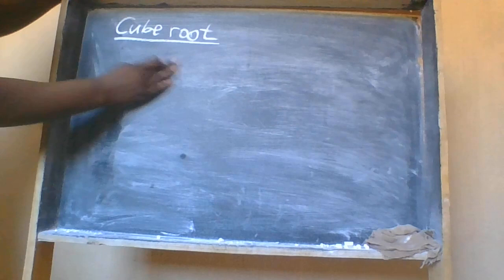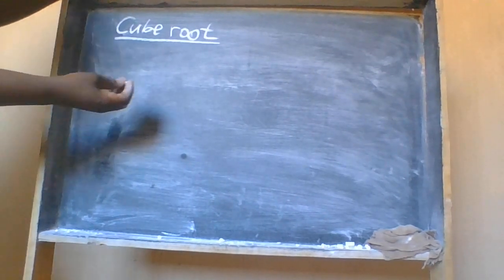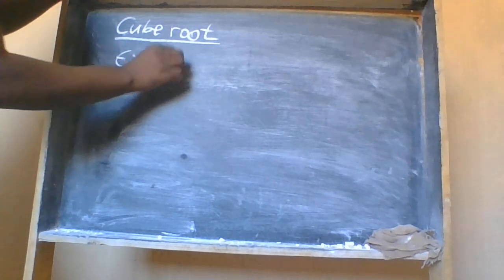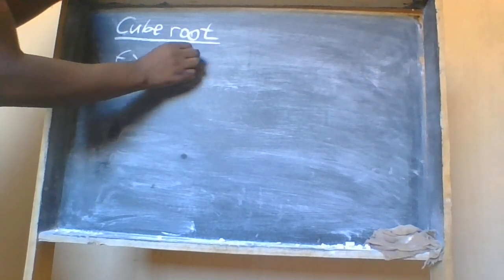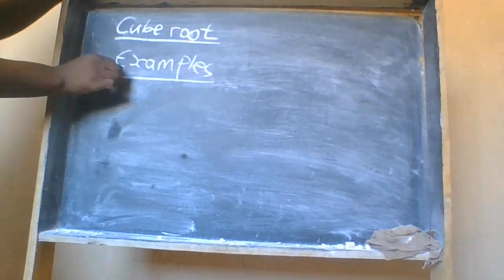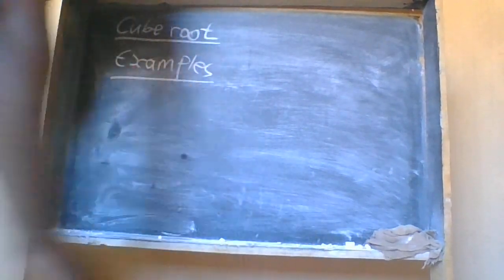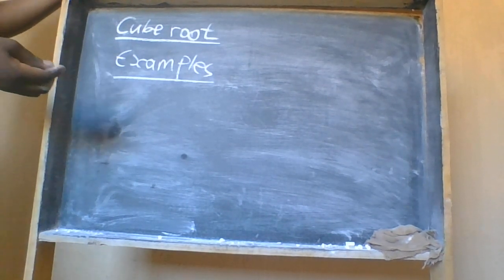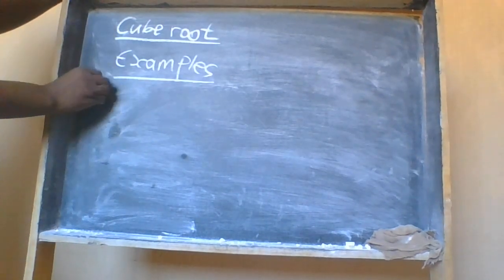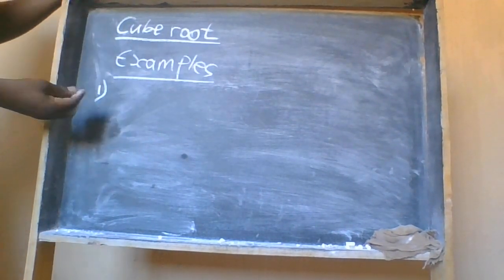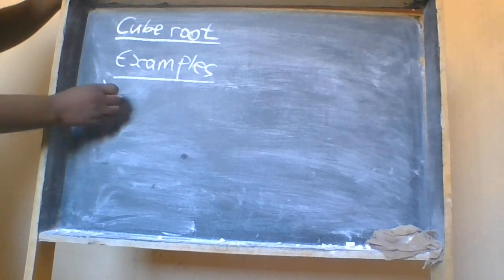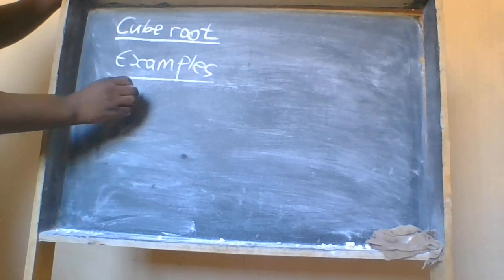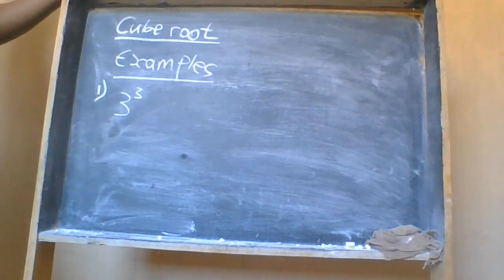Let's look at examples. For example number one, for the cube specifically, we can say what is 3 to the power 3.